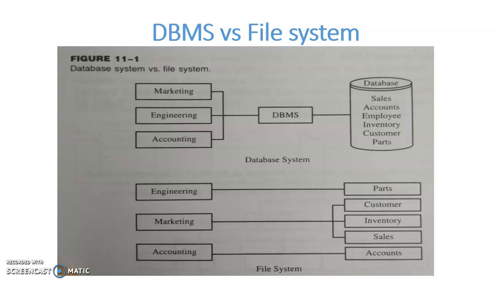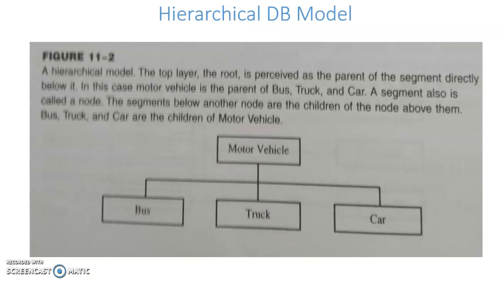We should have separate files for separate departments, but in DBMS a single database can manage all different departments, as shown in the diagram. This is a hierarchical database model where inheritance is observed. A motor vehicle can be classified into three different classes, that is a bus class, a truck class, and also a car class.